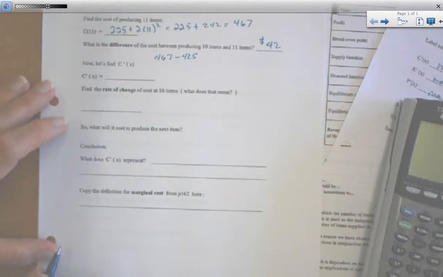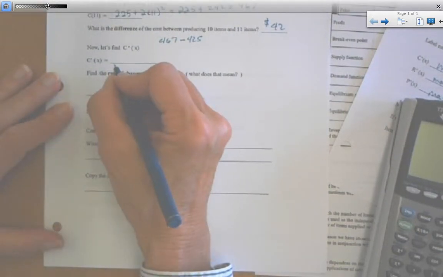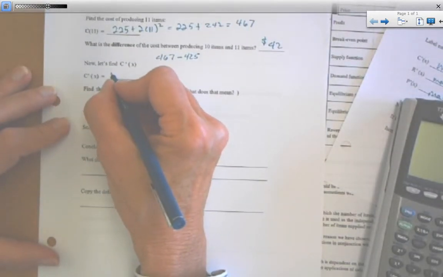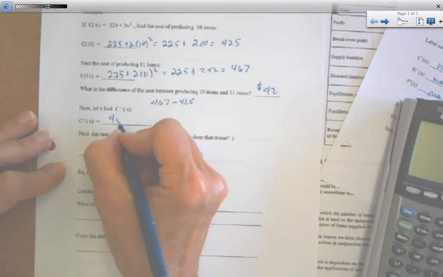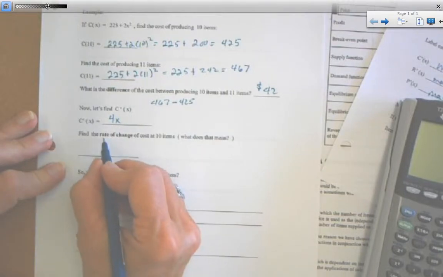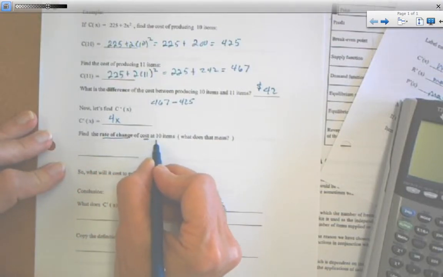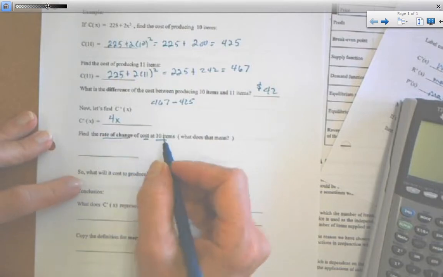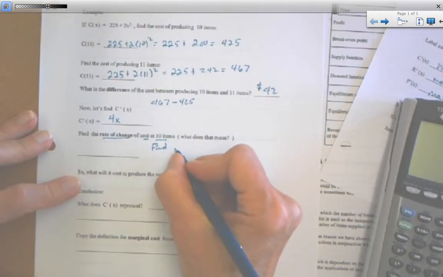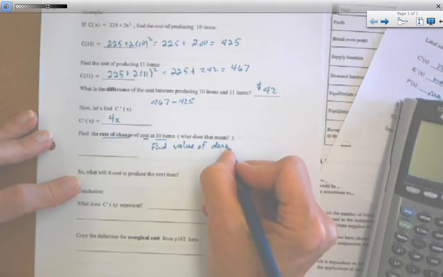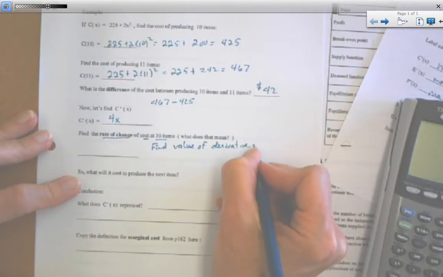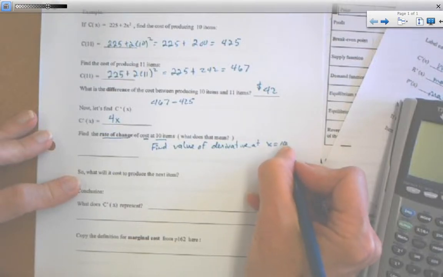Okay, let's find the derivative. We're going to find the marginal cost. The marginal cost is going to be the derivative of the cost function. So the marginal cost is 4x. Find the rate of change of cost at 10 items. So that means find the value of the derivative at x equals 10.